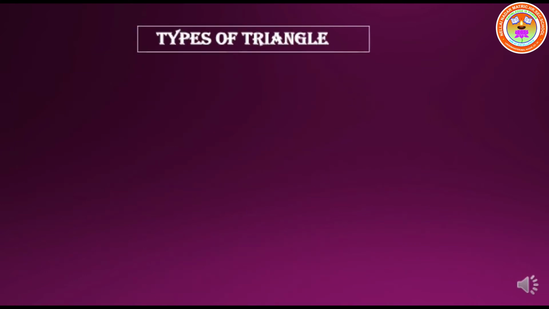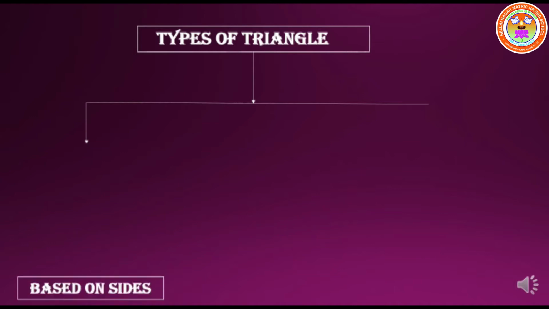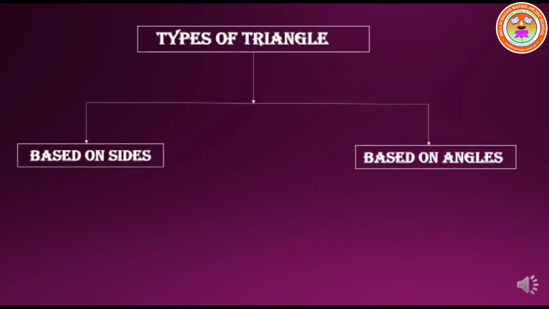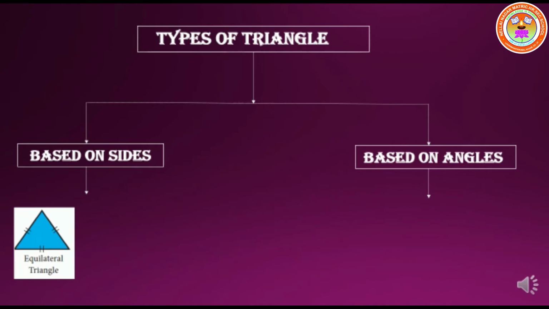Now, let us learn the types of triangle. They are classified into 2 types. 1, it is based on sides, and number 2, it is based on angles. Under sides, we get equilateral triangle, where all the 3 sides will be equal.